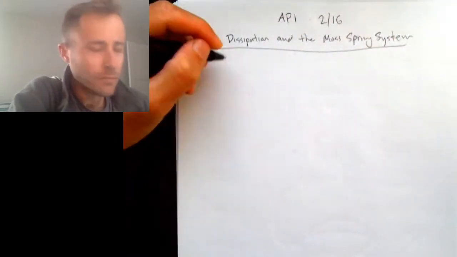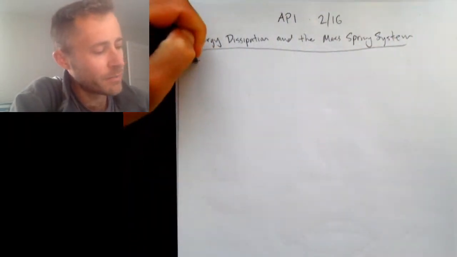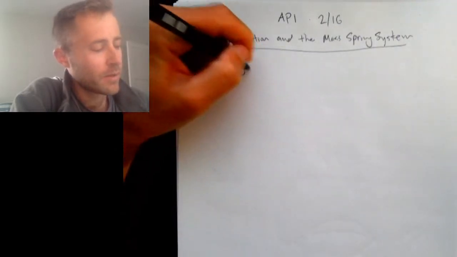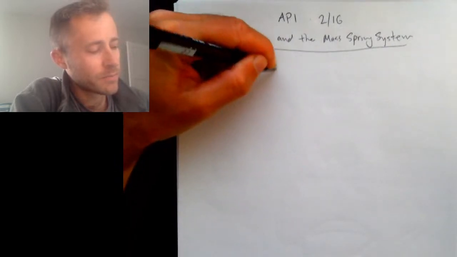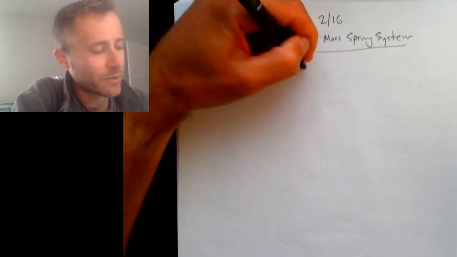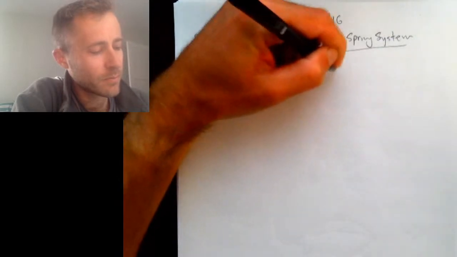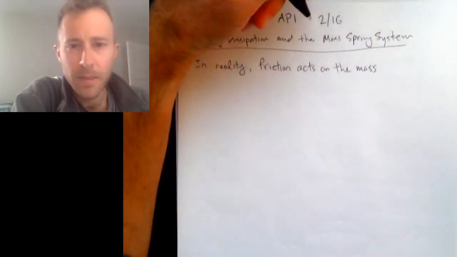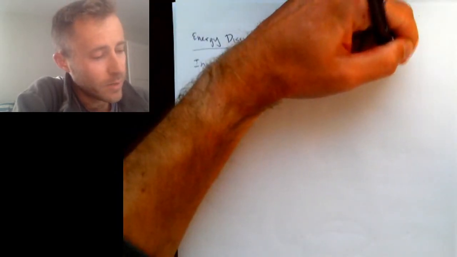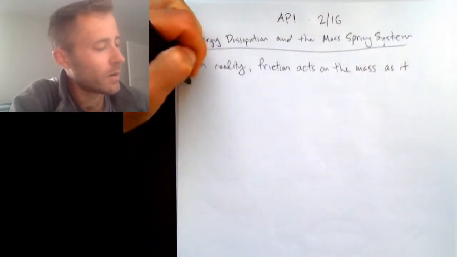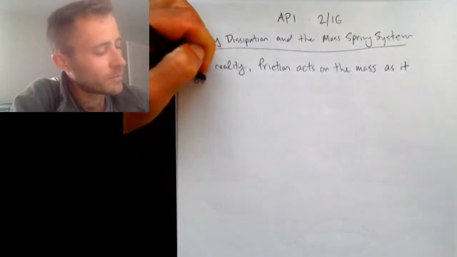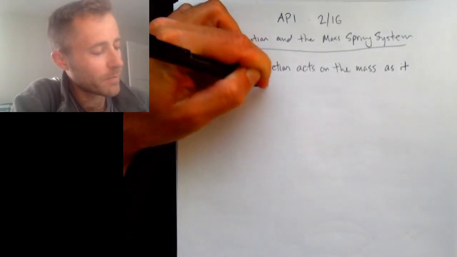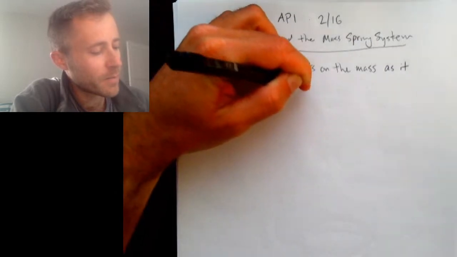So in reality, friction acts on the mass as it oscillates back and forth.